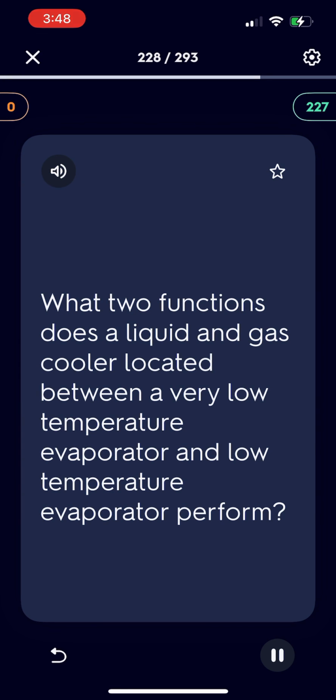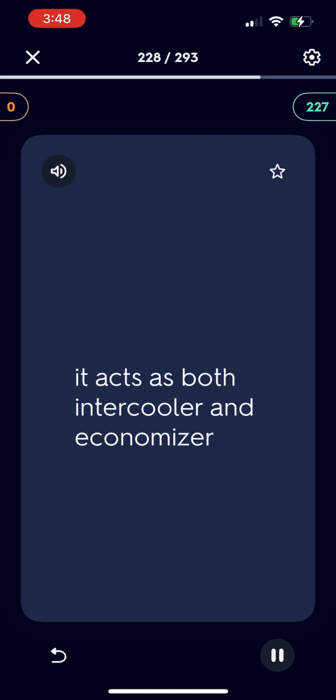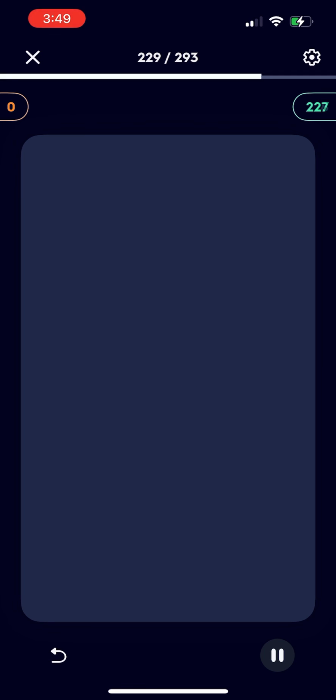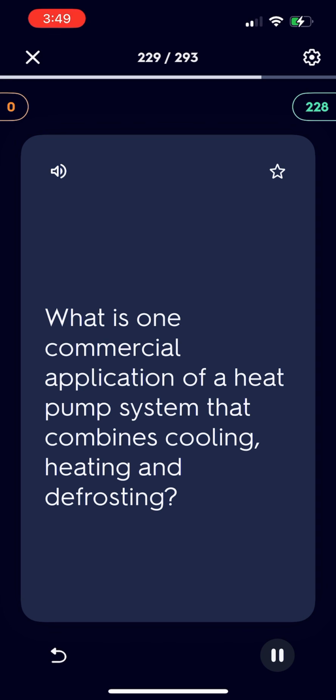What two functions does a liquid and gas cooler located between a very low temperature evaporator and low temperature evaporator perform? It acts as both intercooler and economizer. What is one commercial application of a heat pump system that combines cooling, heating, and defrosting?